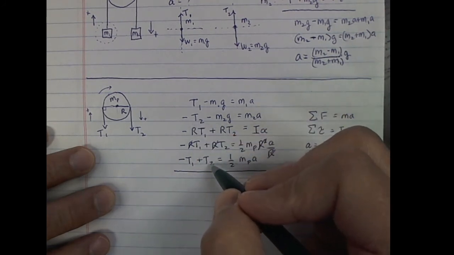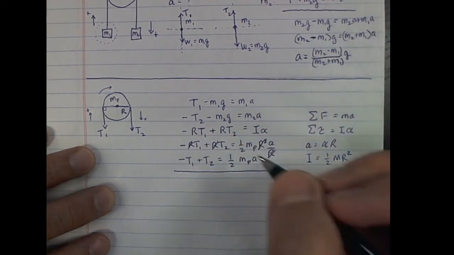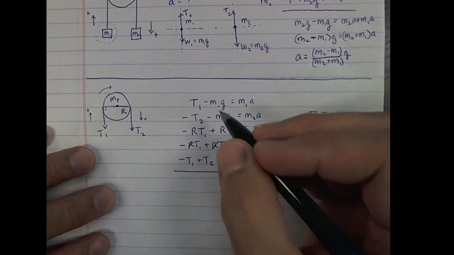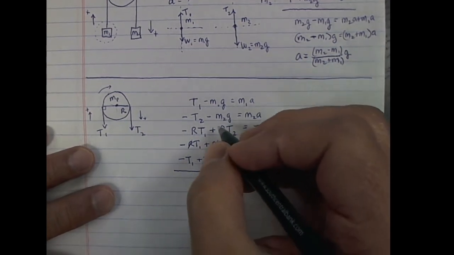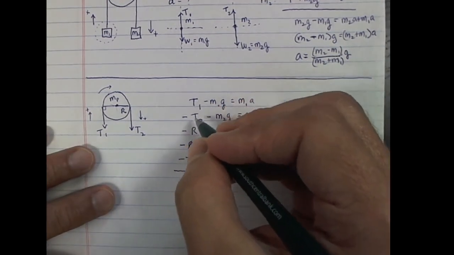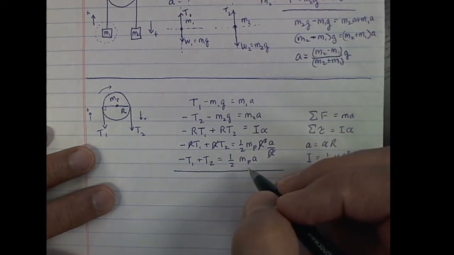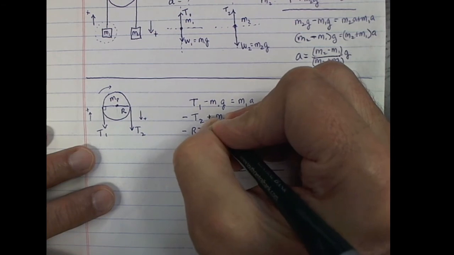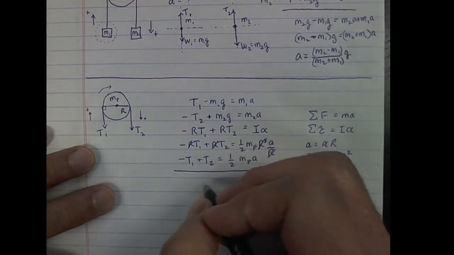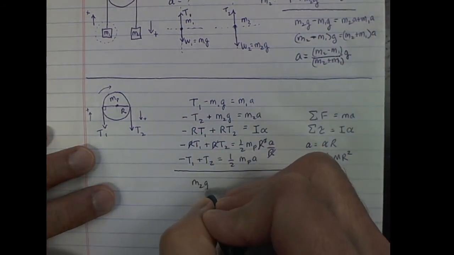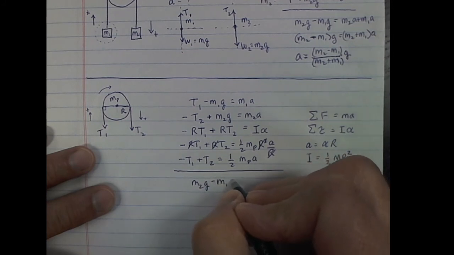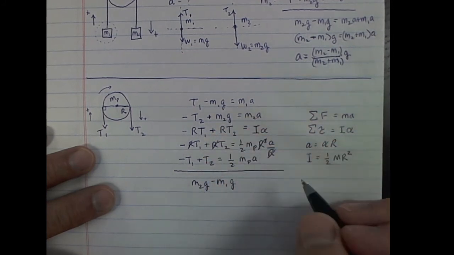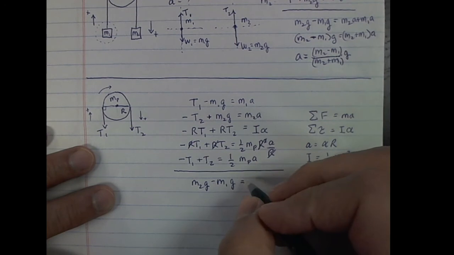Negative T2 and positive T2 would cancel. So let's just add all 3 equations straight down. On the left side, the T's would all cancel. I had a sign wrong here, y'all. I'm sorry, I transferred that down wrong. So we have M2G minus M1G on this side. That's all that's left.